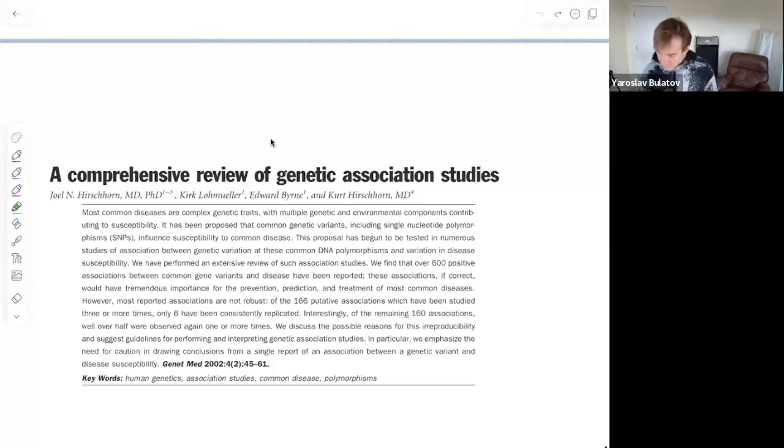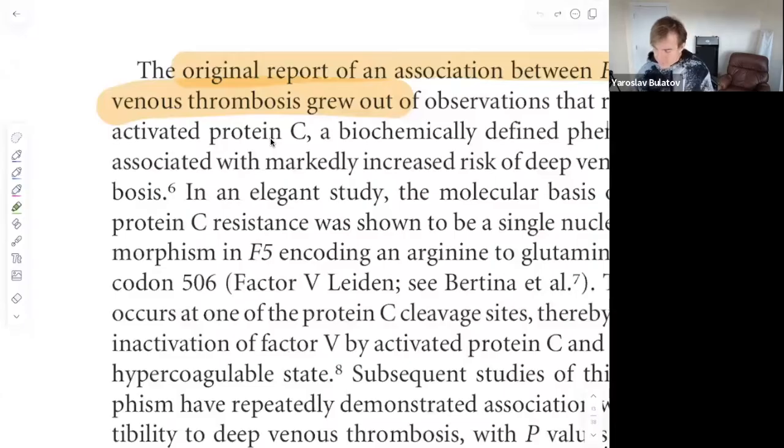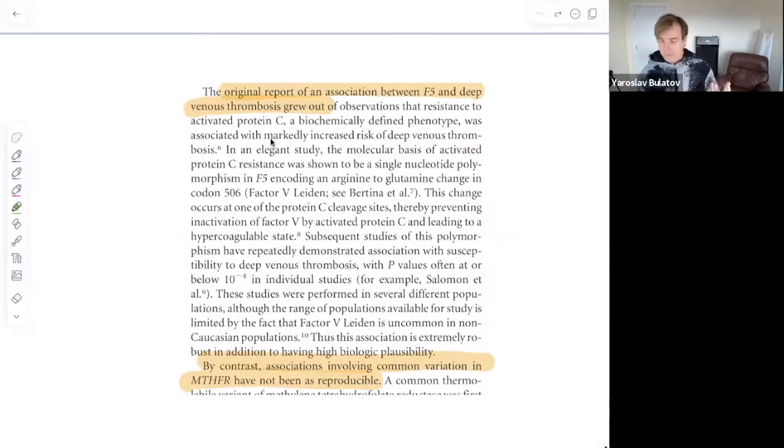The example that I like is people looking at gene association studies. Gene association studies is where you take a particular gene variant and some disease, and you ask, does one of them predict the other?